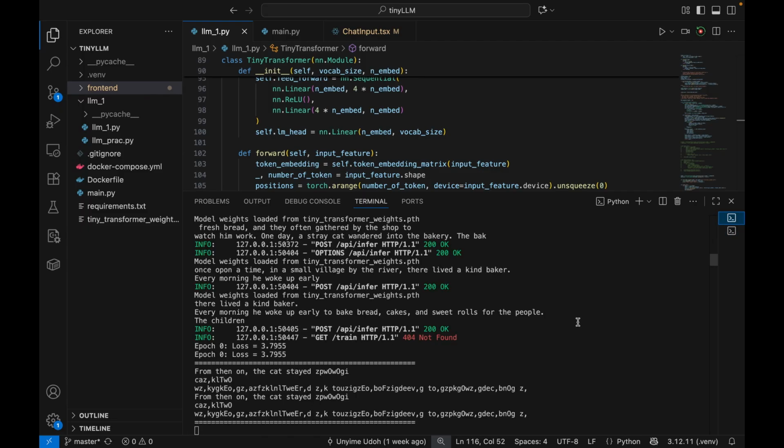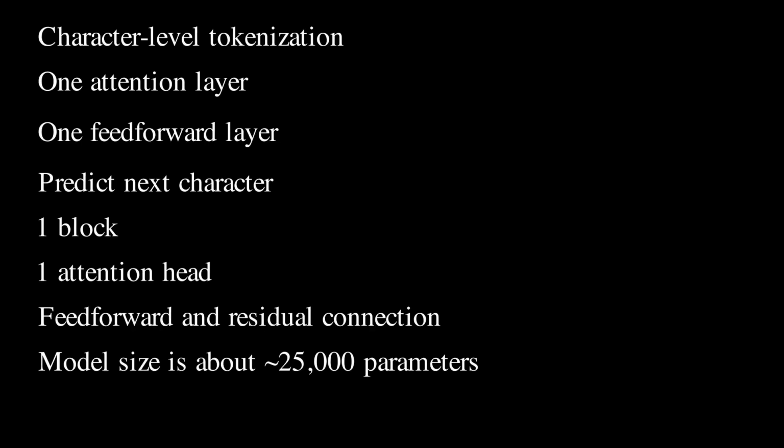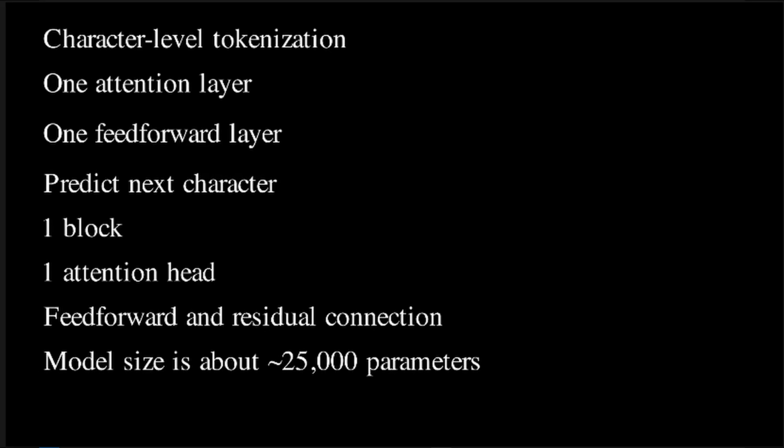And here are the properties of this first model. It will be a character level tokenization, meaning the very basic unit of a sentence that the model understands is a character. It will have only one attention layer. It will have only one feed-forward layer.